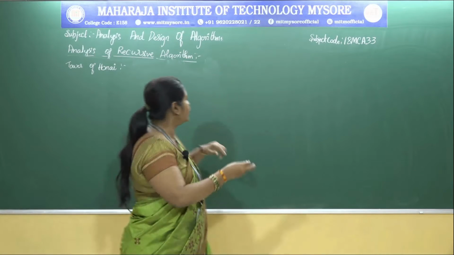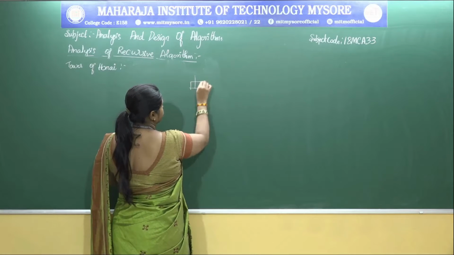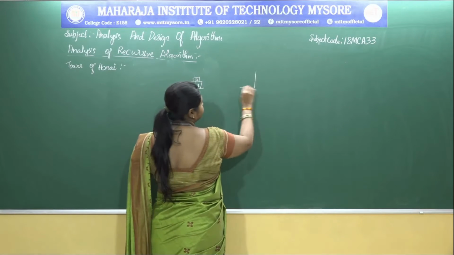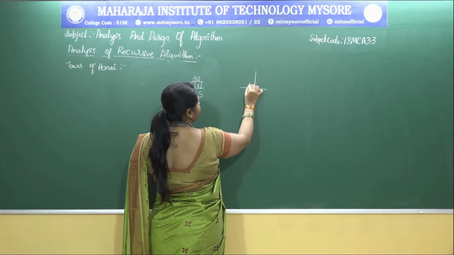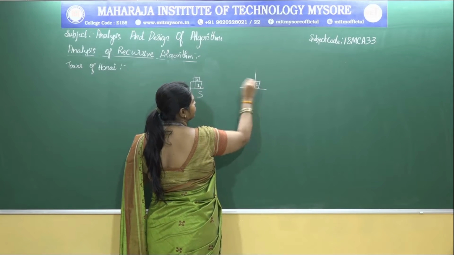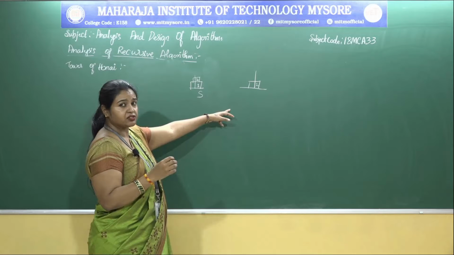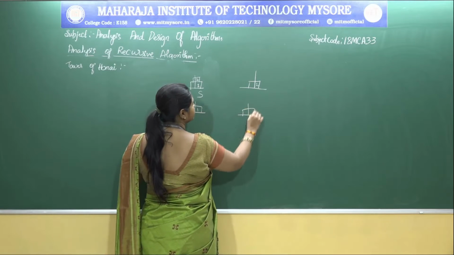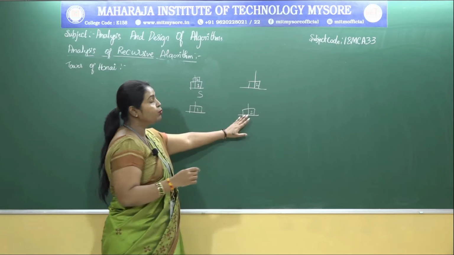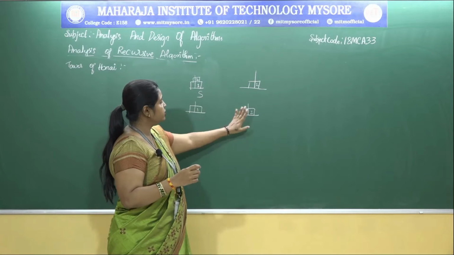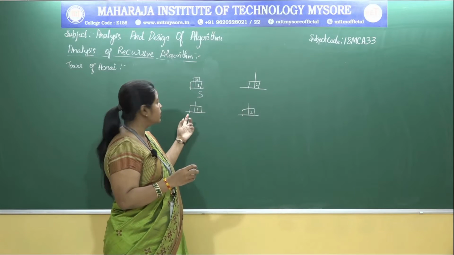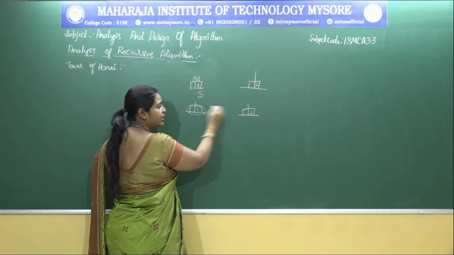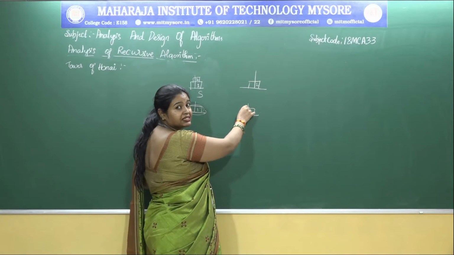If you have only one disk, that is 1, and if you consider 2, and you transfer to destination, what happens? The first one, 2, we can transfer. Next, in the remaining we will be having 1, and here we will be having 2. So we have moved from source to destination. But now in the source we have 1, and this disk is the larger one. Can I place it here? No, I can't place it here.